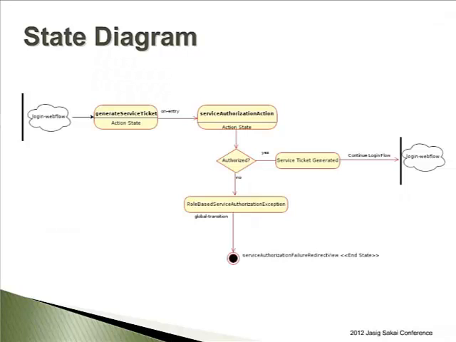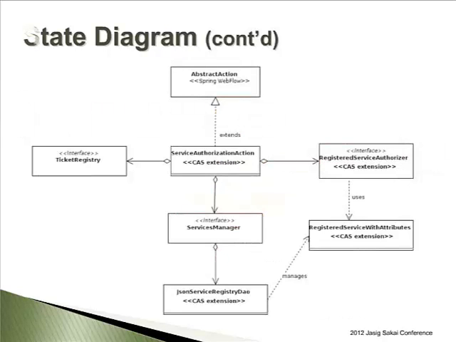Okay, so this is a little more technical detail of a state diagram showing how we extended some of the core CAS components. This is getting fairly technical, but the main thing is we've leveraged the Spring Webflow. At the top of the diagram, you see that abstract action. That's standard Spring API implementing this service authorization action.